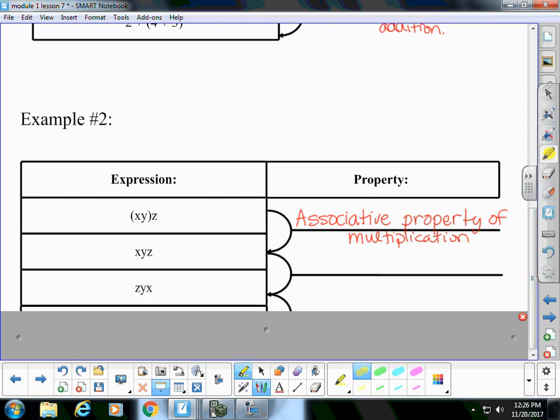Okay, if you look from line 2 to line 3, order changed. It goes x, y, z, z, y, x. So the order changed. Whenever the order changes, that's the commutative property of multiplication.